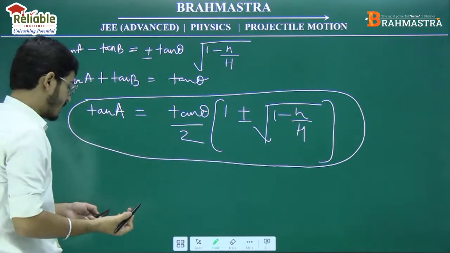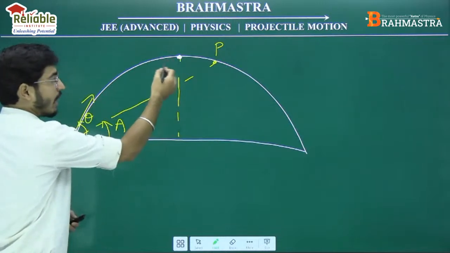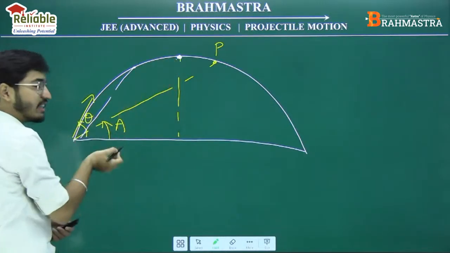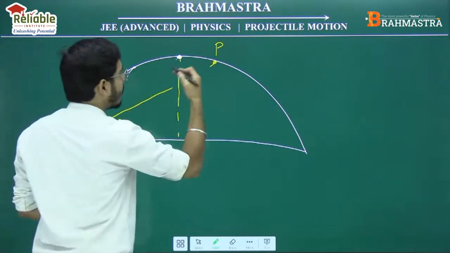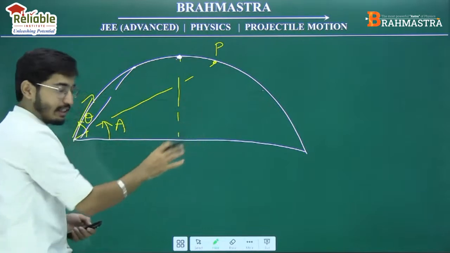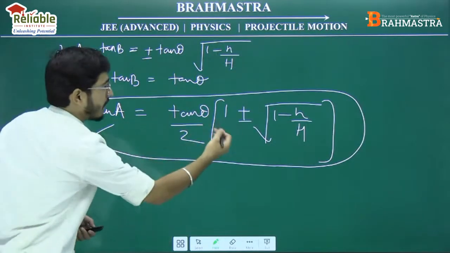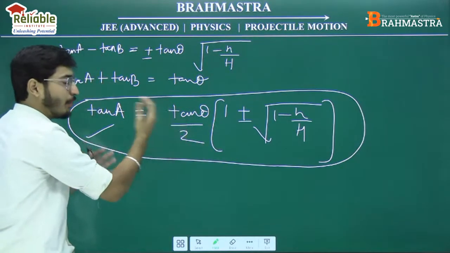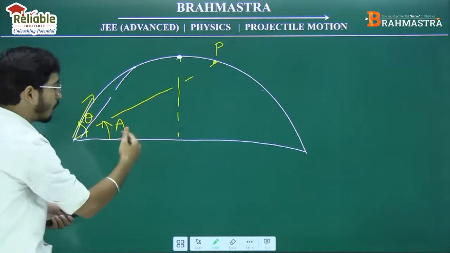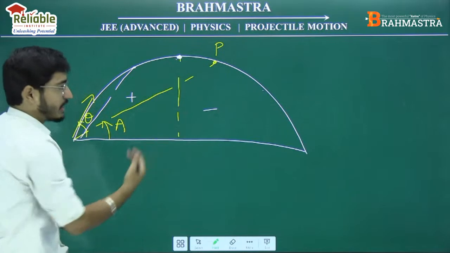When you have the projectile in the first half, the angle is greater, and in the second half, the A has to be lesser than tan theta. So basically this plus minus indicates the phases of the projectile: A will be positive in the first phase and negative in the second phase.